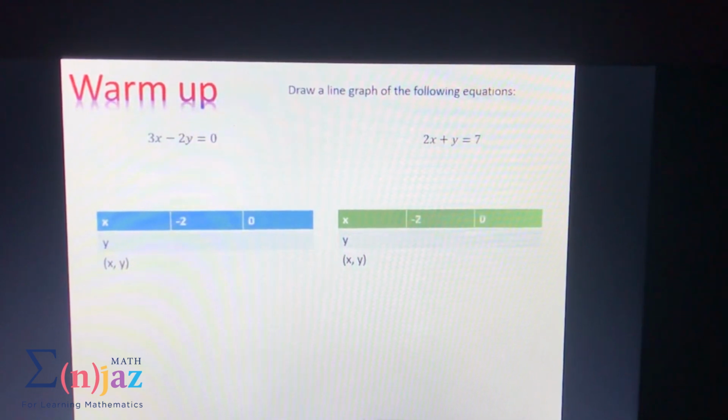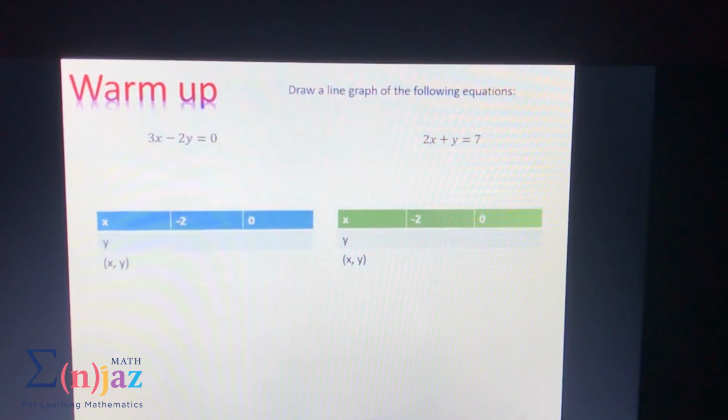Let's take the following values of x, though you can take any values of x that you like, but I chose here -2 and 0 for the first equation and -2 and 0 for the second equation.